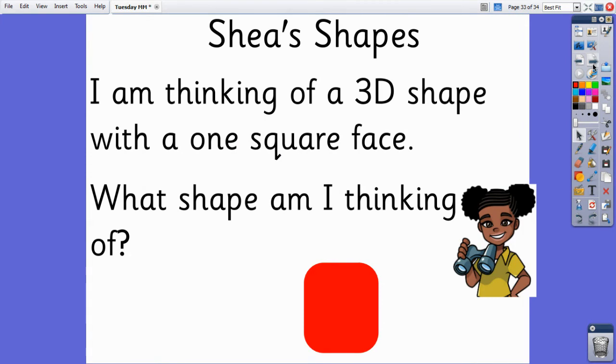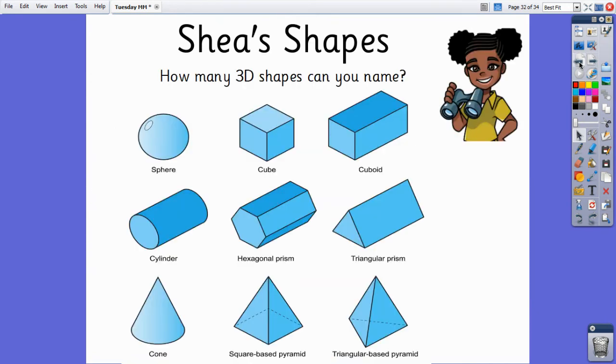Shayer is thinking of a 3D shape with one square face. What shape could she be thinking of? Pause the video and work out your answer.